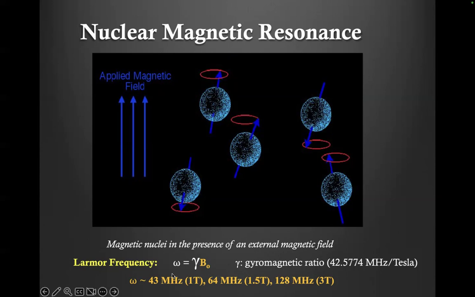It's going to be in the range of 43 megahertz, 64 megahertz, or 128 megahertz. These are in the radio frequency range, like when you're listening to a radio, megahertz is about radio frequency. That's why, in order to excite these spins for MRI imaging, we use radio frequency pulses, which we'll talk about in a little bit.